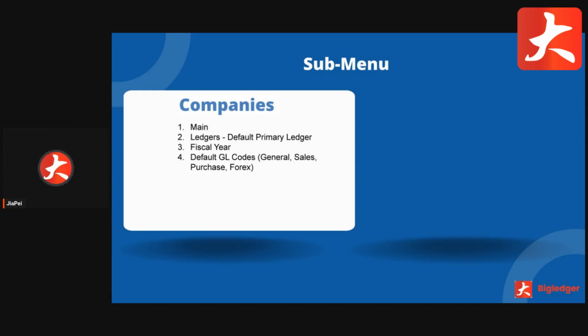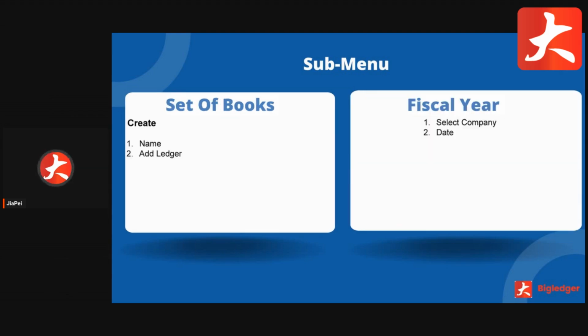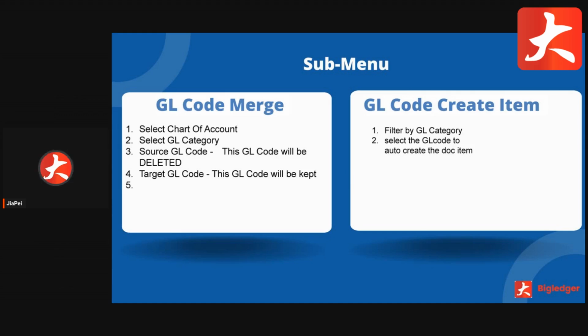From the organization applet, we select the company, then set our primary ledger, our fiscal year, then the default posting for GL code. Just now we also covered set of books and fiscal year, then GL code merge and GL code create item. From here you can see the source GL code is the GL code that will be deleted, and the target is the GL code that we want to keep.